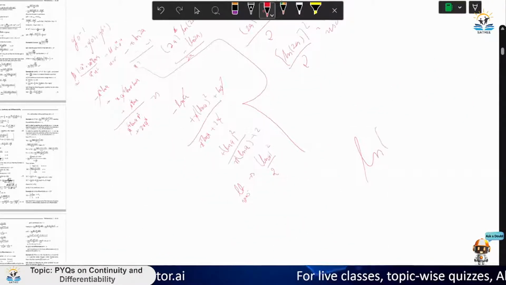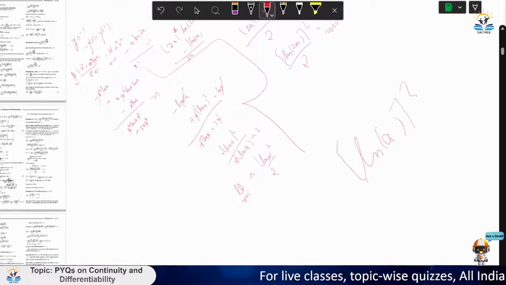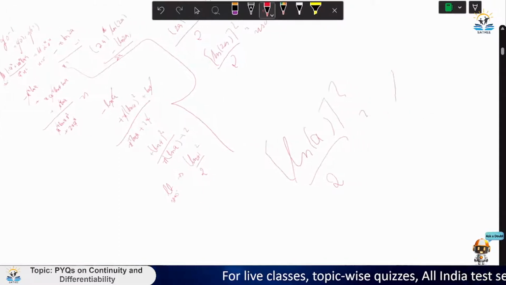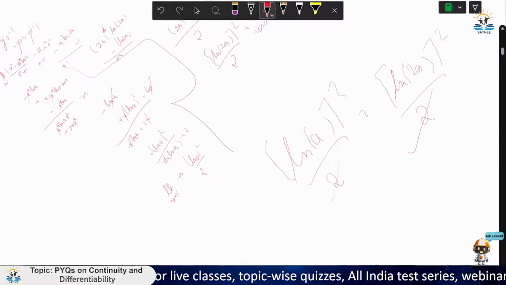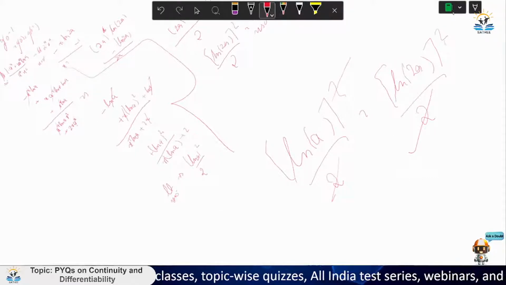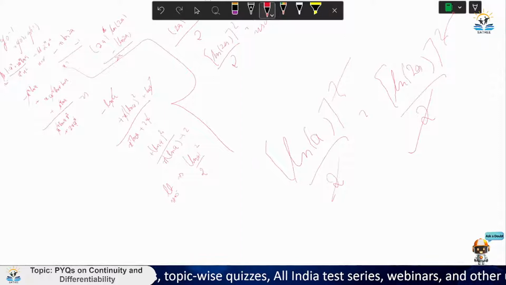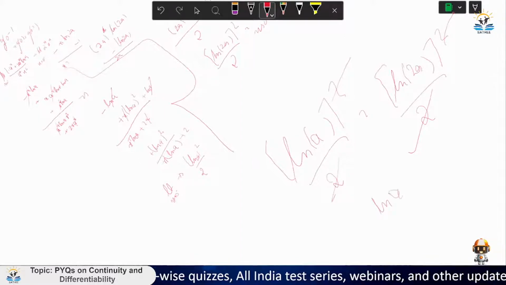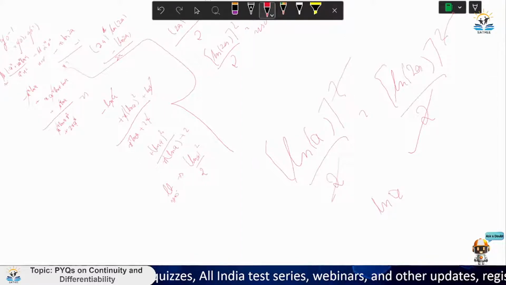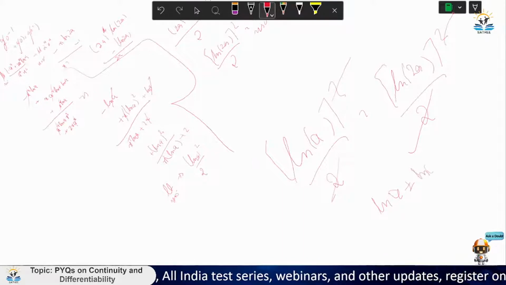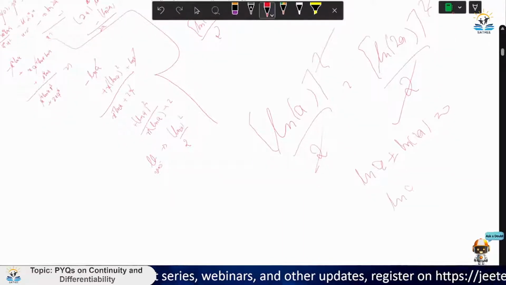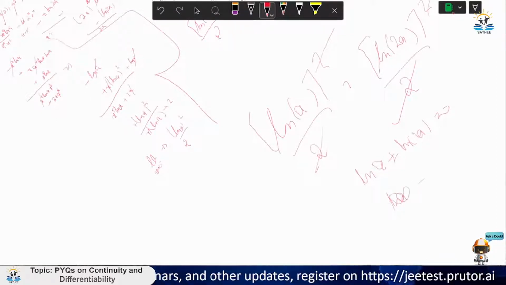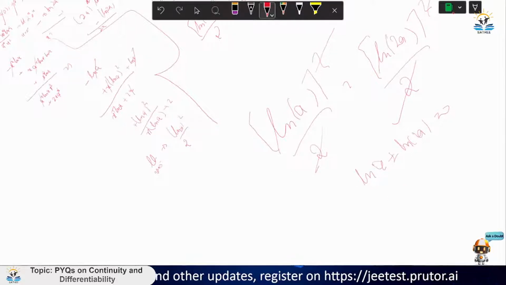So basically ln of a whole square by 2 should be equal to ln of 2a whole square by 2. So the squares get cancelled. Or we can write it as ln of a plus or minus ln of 2a should be equal to 0.